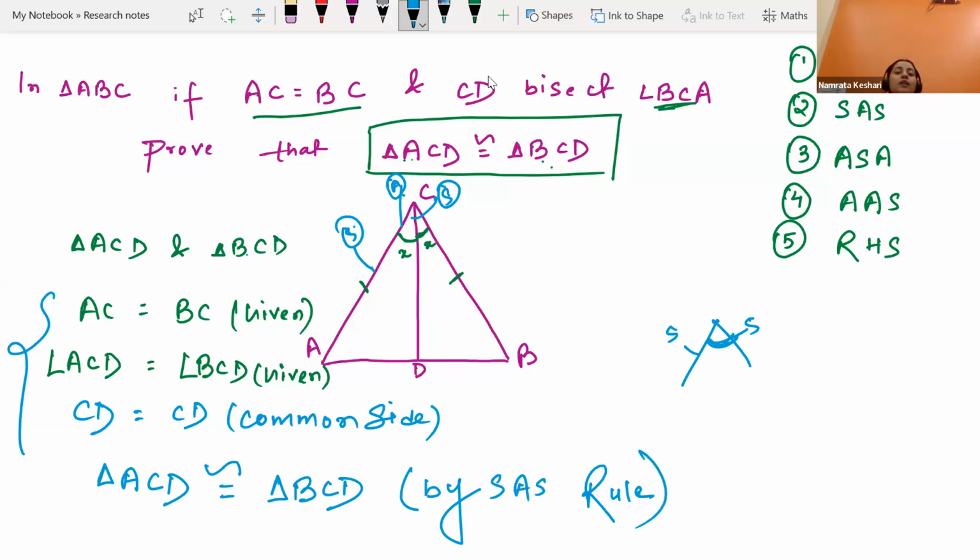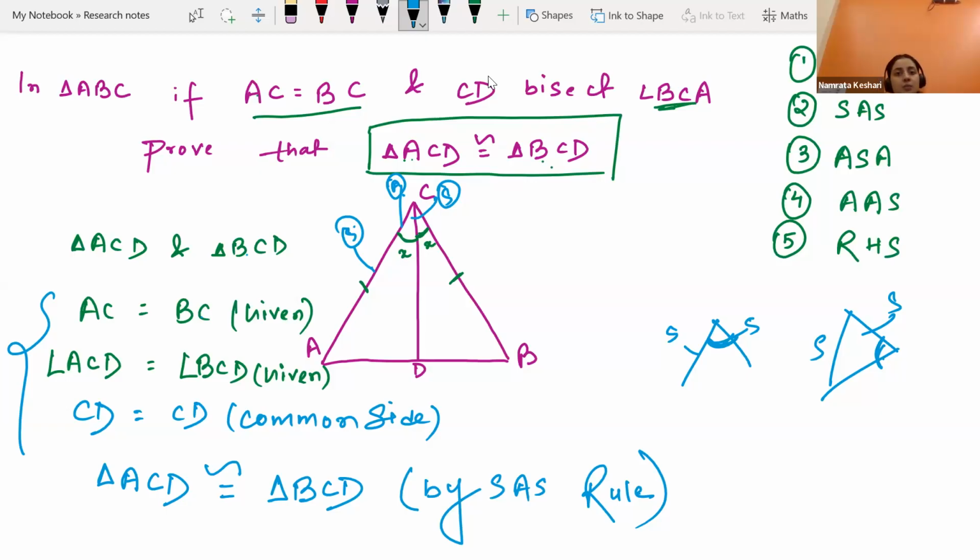This rule is only applicable when the angle is included between two sides. If the angle is randomly here and there, you are using this side and this side, and this angle is the same in both triangles, then you cannot say that the side angle side rule is matching. So these are the minute details you have to be careful with.